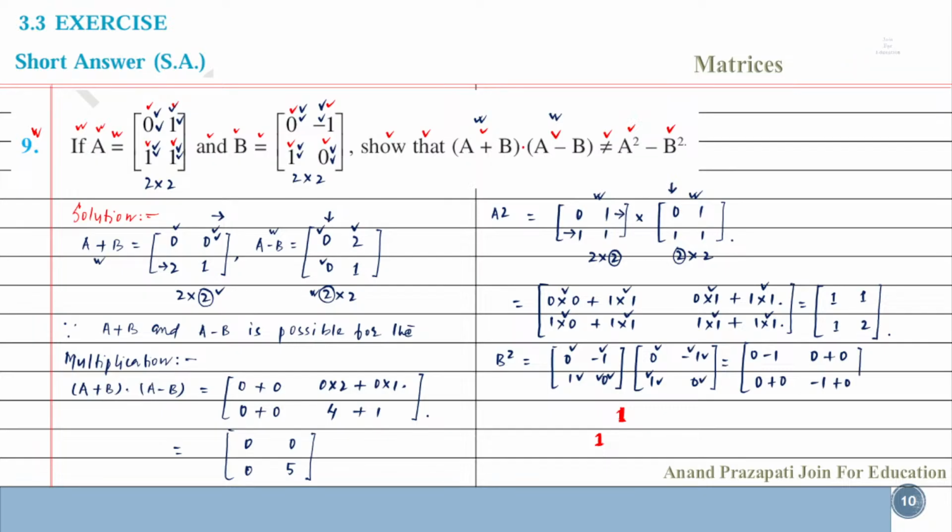After there is no problem to understand up to this step. Therefore, here will be minus 1, 0, 0, and minus 1.